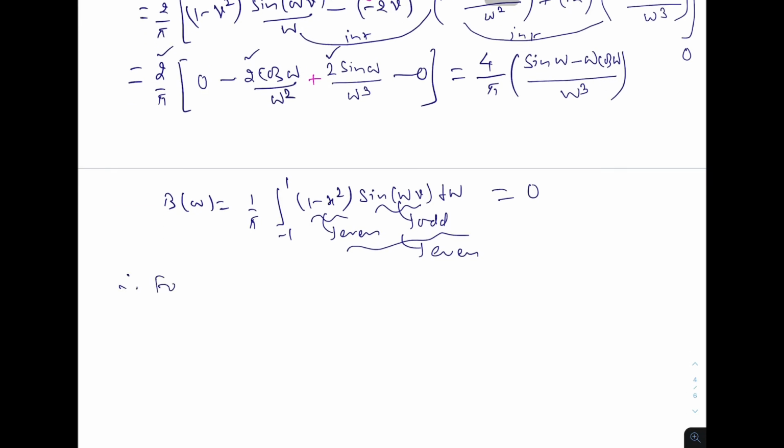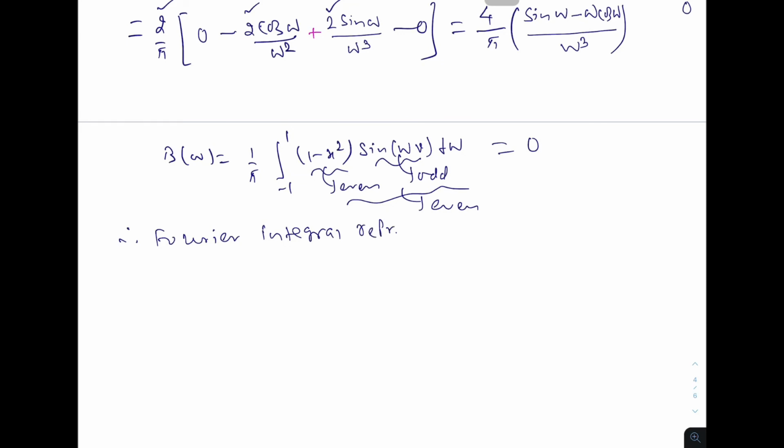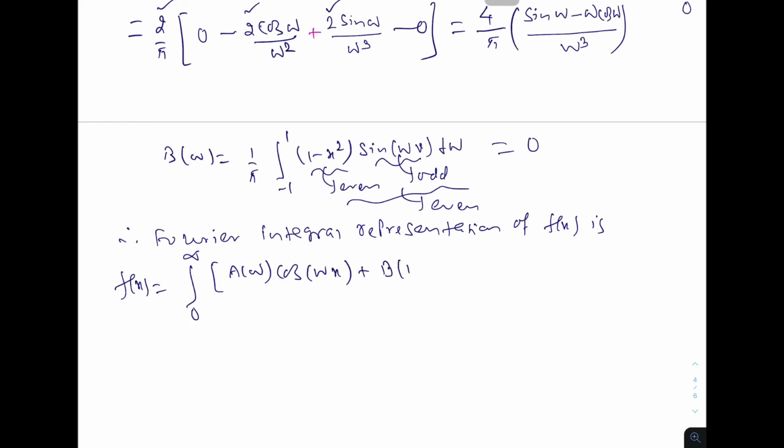So therefore the Fourier integral representation of the given function f(x) is f(x) equal to integration 0 to infinity a omega cosine omega x plus b omega sine omega x d omega.